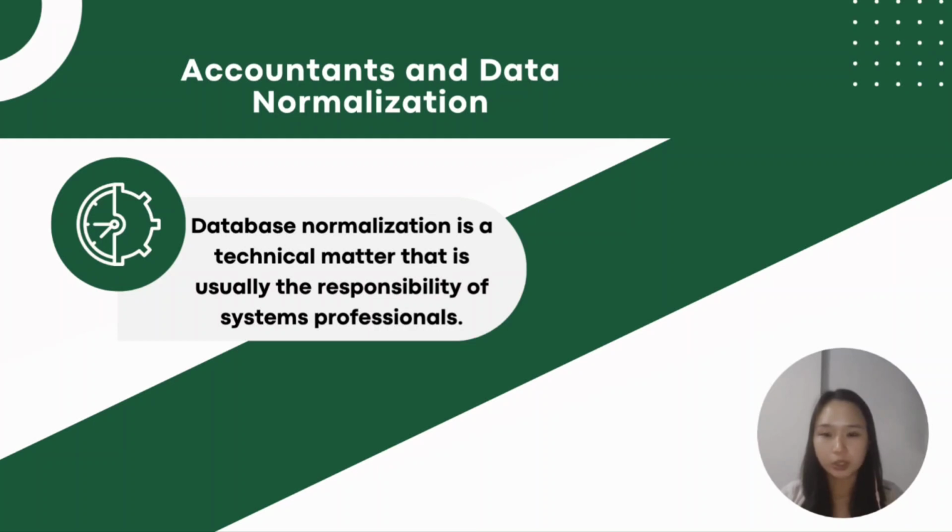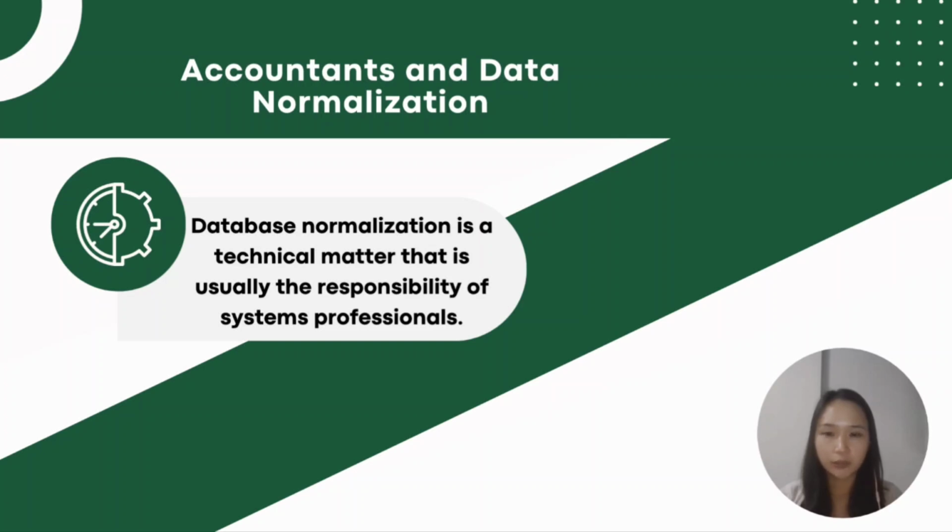Accountants and data normalization. Database normalization is a technical matter that is usually the responsibility of systems professionals. The subject, however, has implications for internal control that make it the concern of accountants also. For example, data anomalies can generate conflicting and obsolete database values.